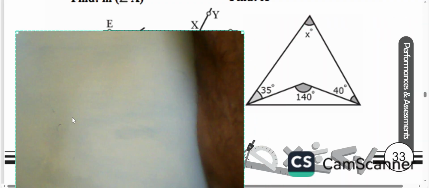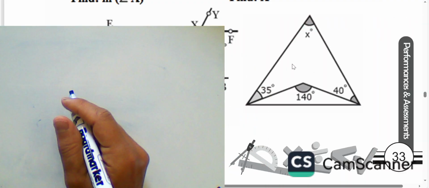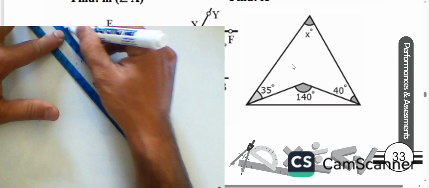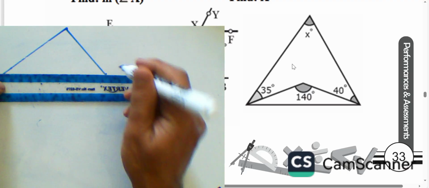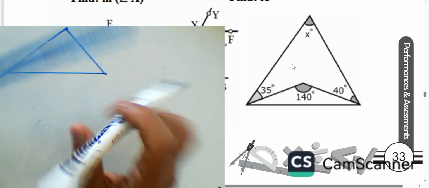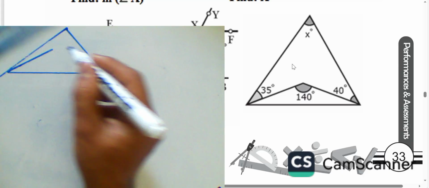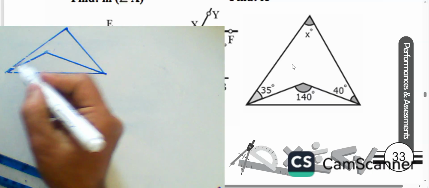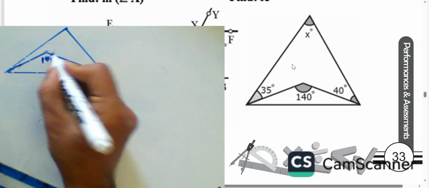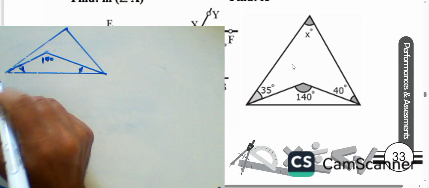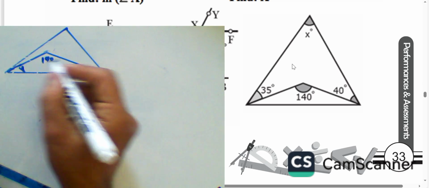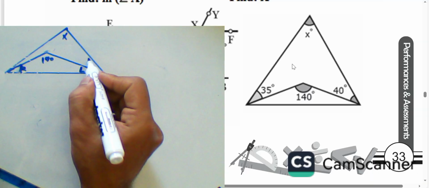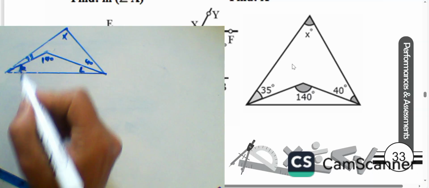Next question. He wants to find the measure of angle X in this triangle. We have a triangle, and inside it a triangle, the sum of interior angles equals 180. So the two angles down, the sum of them equals 40 degrees. We have 140, we have X and Y, or put here K and L. We have X up, and this angle was 40 and here 35.